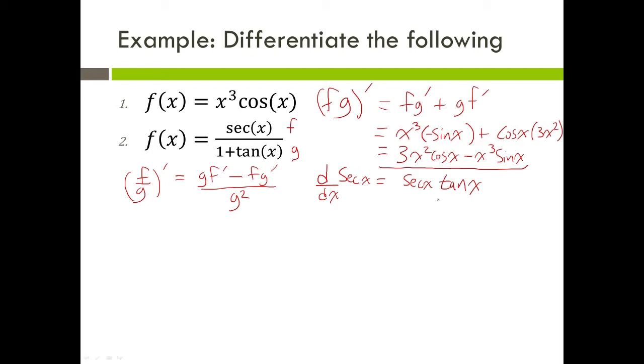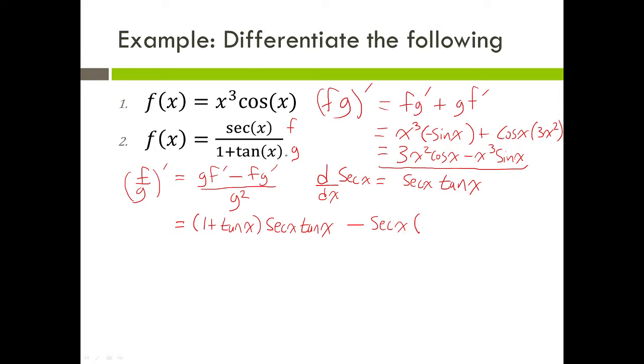Alright, so now we have that knowledge, we can continue on our application of the quotient rule to this. So g times f prime, so g is 1 plus tan x. f is secant x, here's f prime, secant x tan x, minus f, which will be secant x, times g prime.